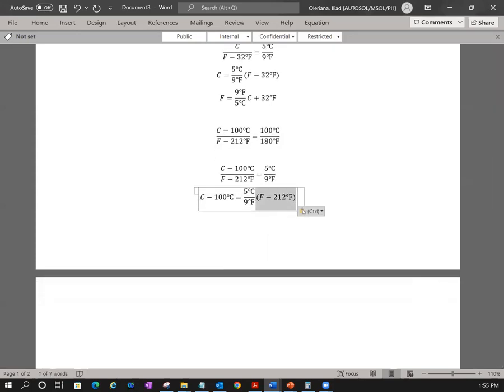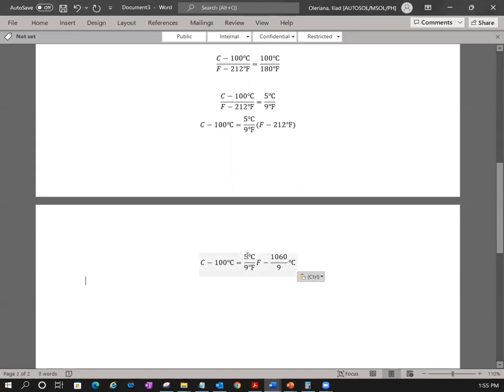So, to get the degrees Celsius, the first thing we do is distribute this 5/9. When we distribute it, it would look like this. As you can see, 5/9 F. I retain the dimension of degrees Celsius over degrees Fahrenheit.